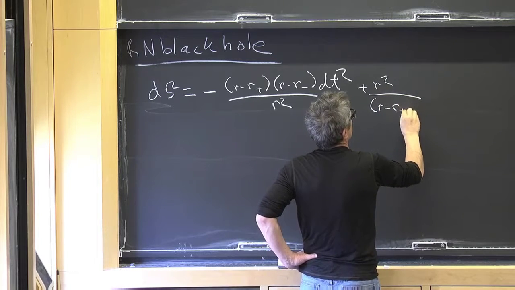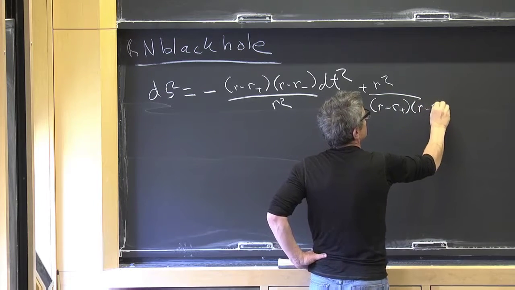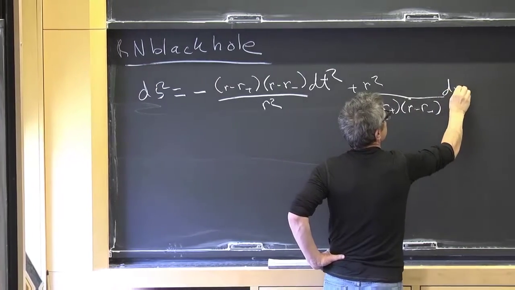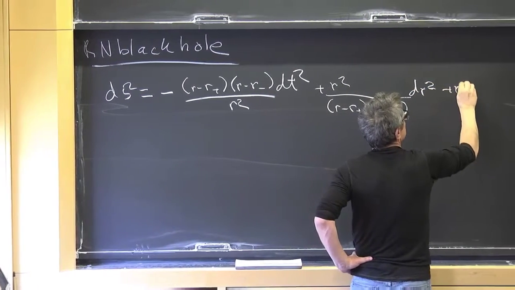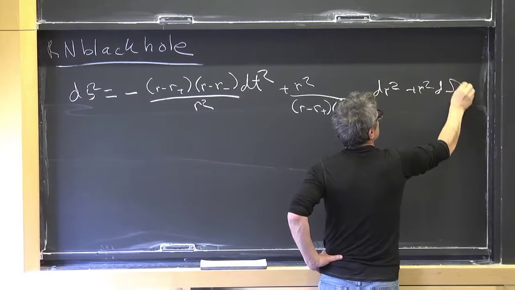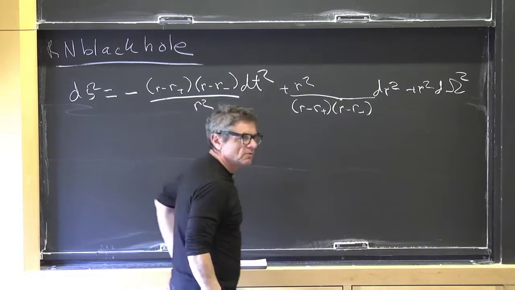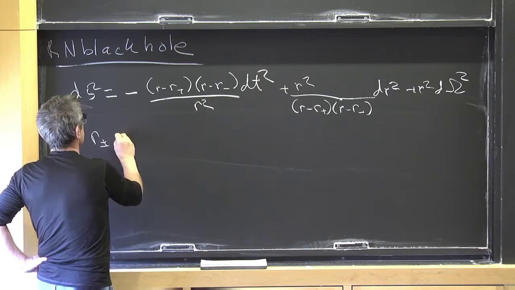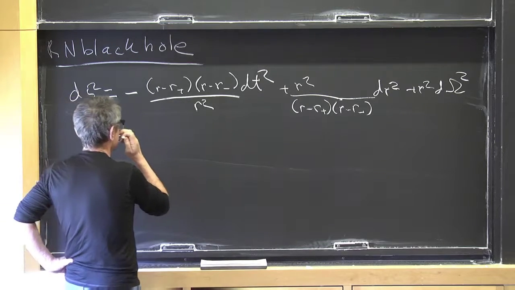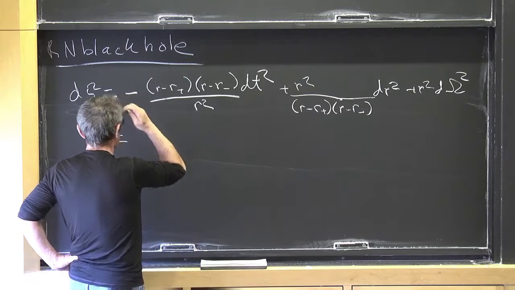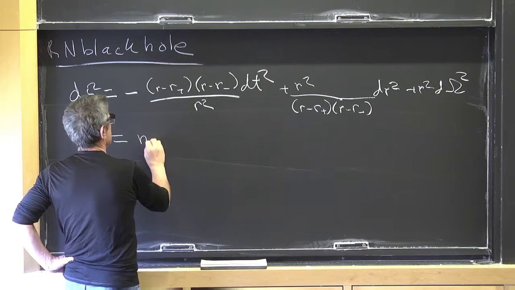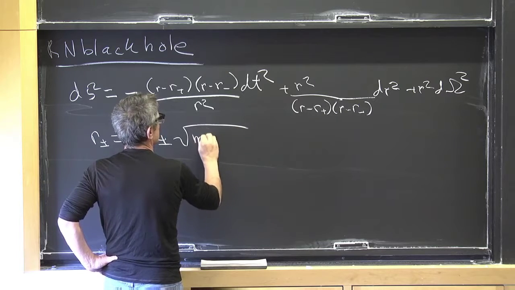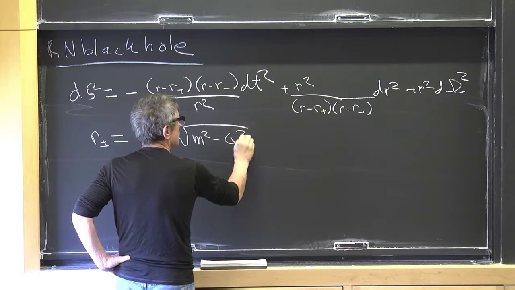And then the factor in front of dr squared is the inverse of that. Where for Reissner-Nordstrom, the inner and outer horizons are at r plus or minus equal to m plus or minus the square root of m squared minus q squared.